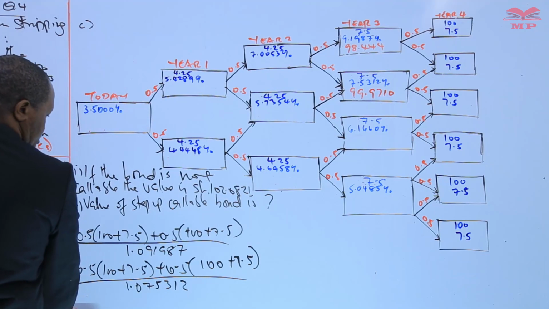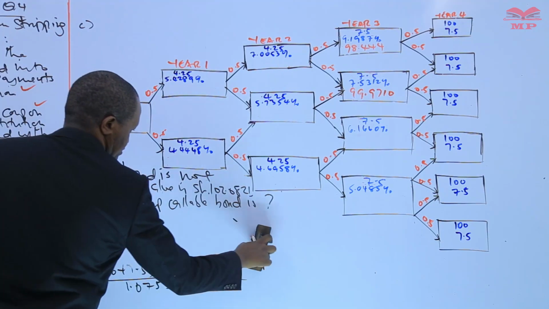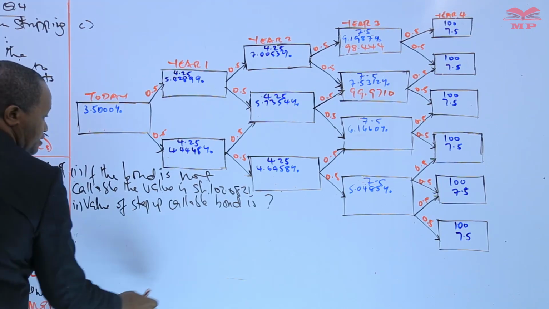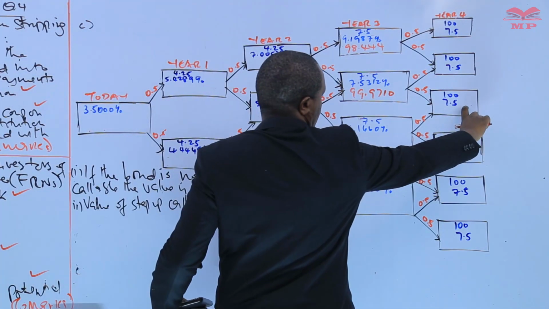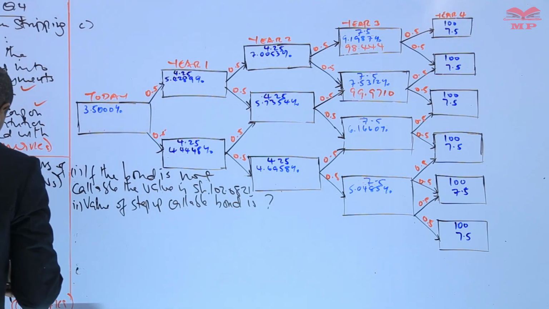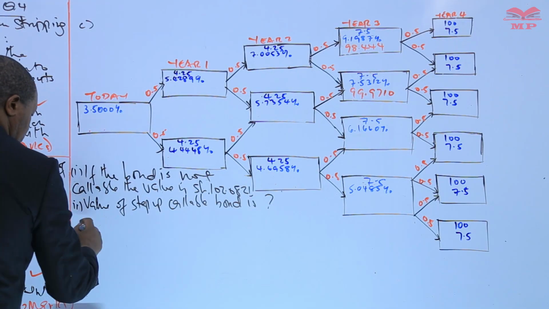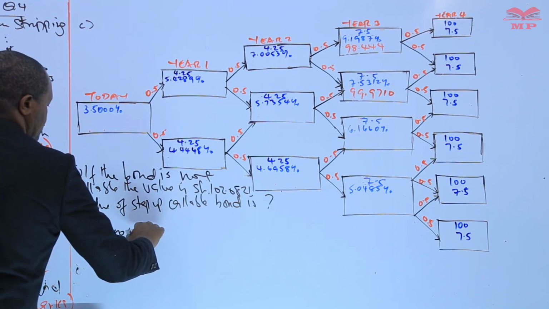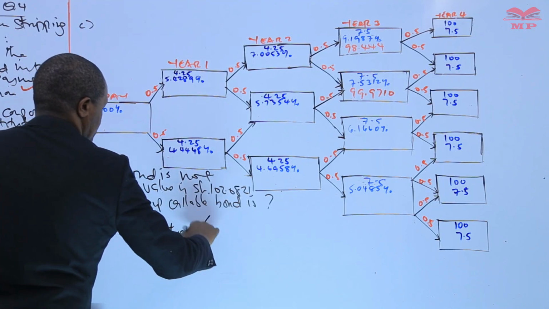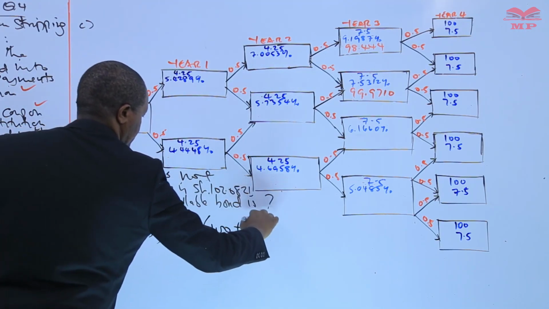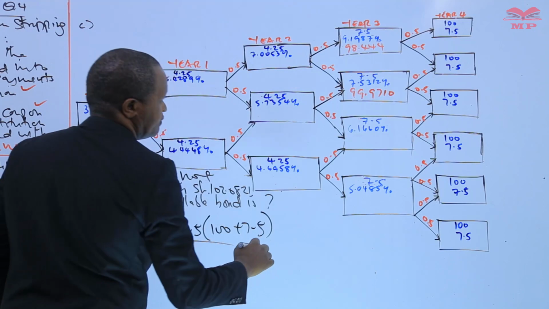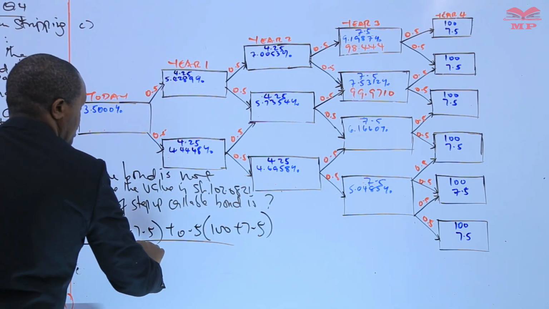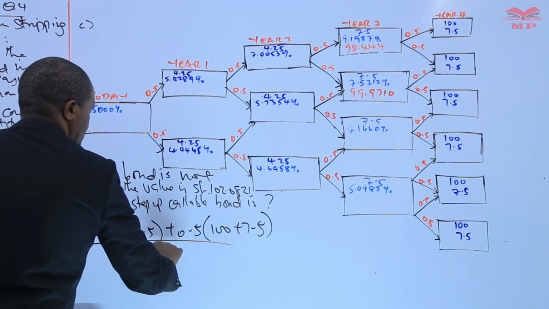Next, we're going to have workings. Next, these two: 0.5 into 100 plus 7.5 plus 0.5 into 100 plus 7.5, divide by 1.061660.